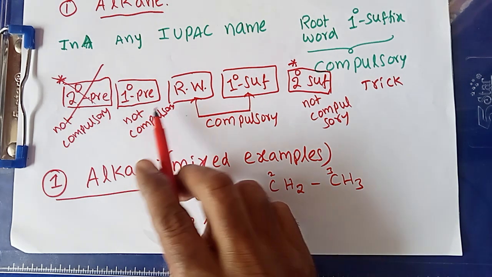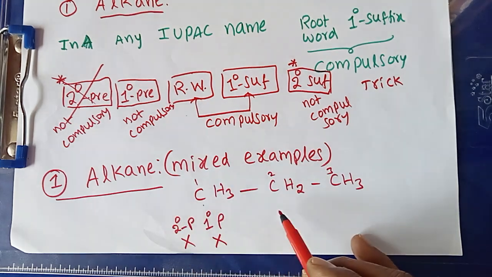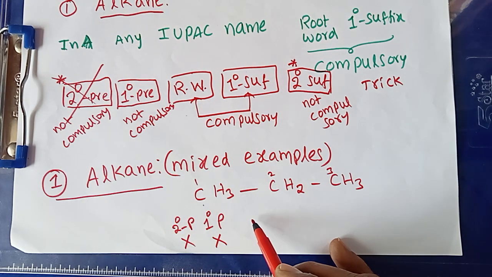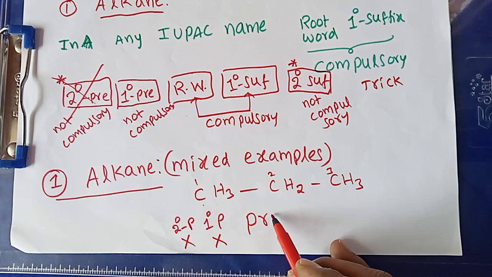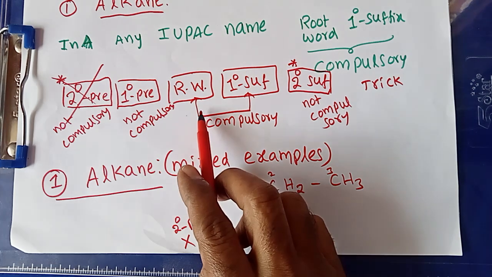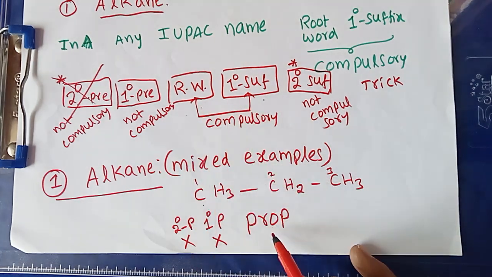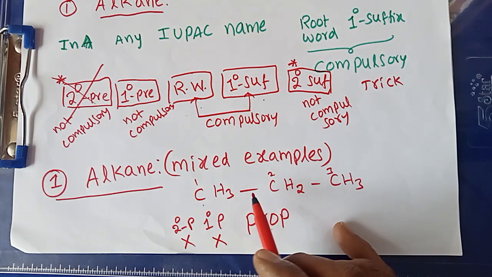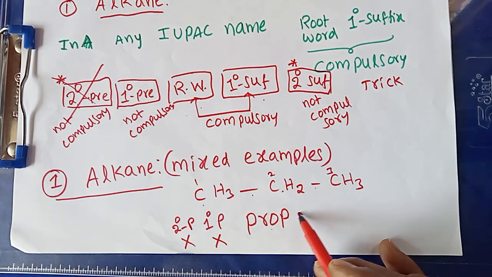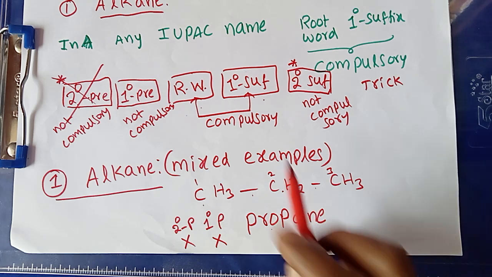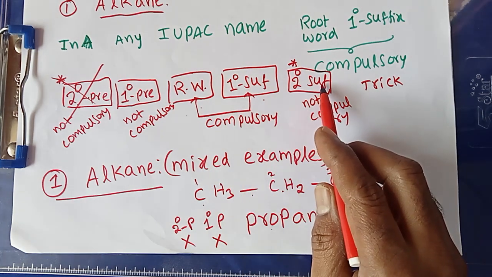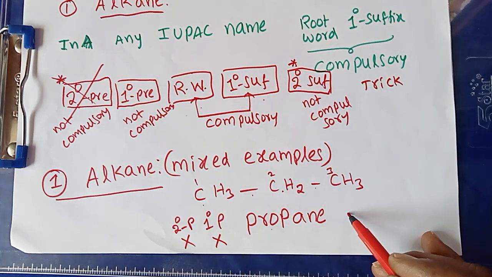Next, root word. What is the root word? 3 carbons, root word Prop. Already I told you this is compulsory: root word, primary suffix. Prop. The next, primary suffix, is single bond carbon-carbon, so ane. Secondary suffix explains the main functional group.